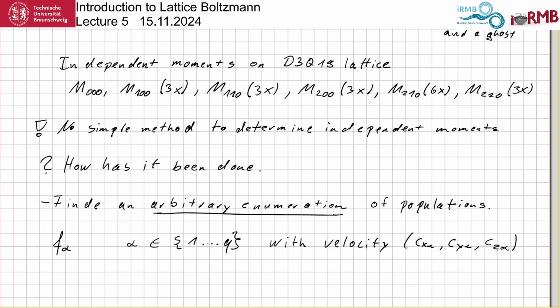So you specify this vector in your arbitrary enumeration, and then you can actually get back to your speeds. And actually, if you implement the Lattice Boltzmann code, you would usually do this. Find an arbitrary enumeration of your velocities, either you give them explicit names or you put them in a vector, and then you'll have an arbitrary enumeration.